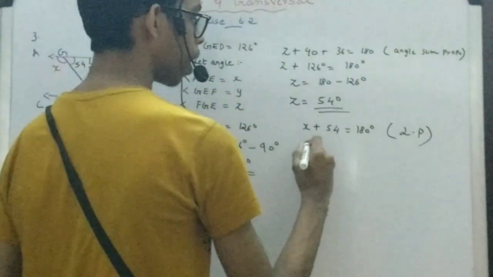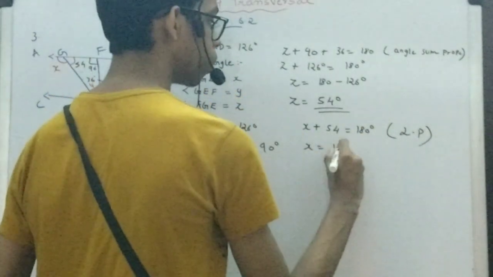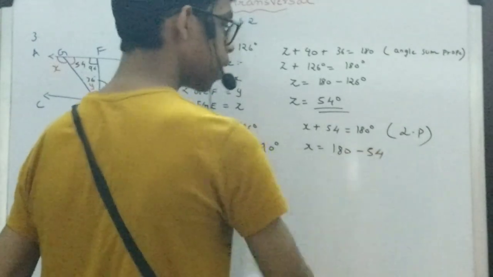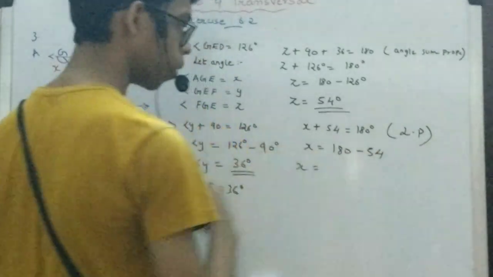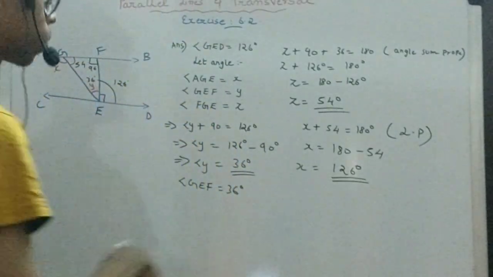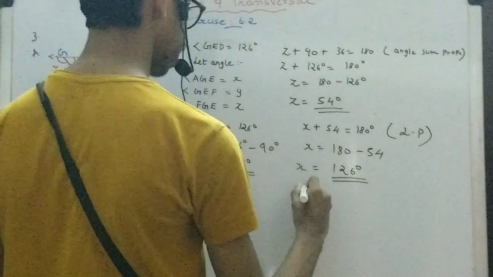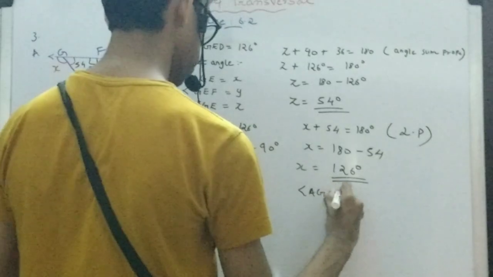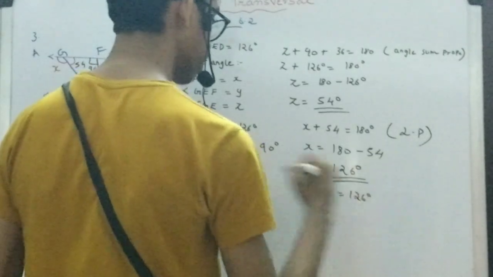So X is equal to 180 minus 54, which is 126 degree. Okay. So angle X was what? Angle AGE. So angle AGE we got 126 degree.